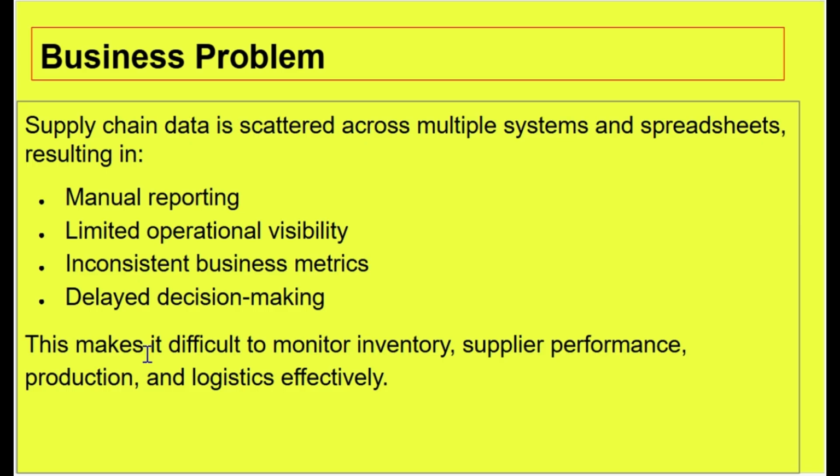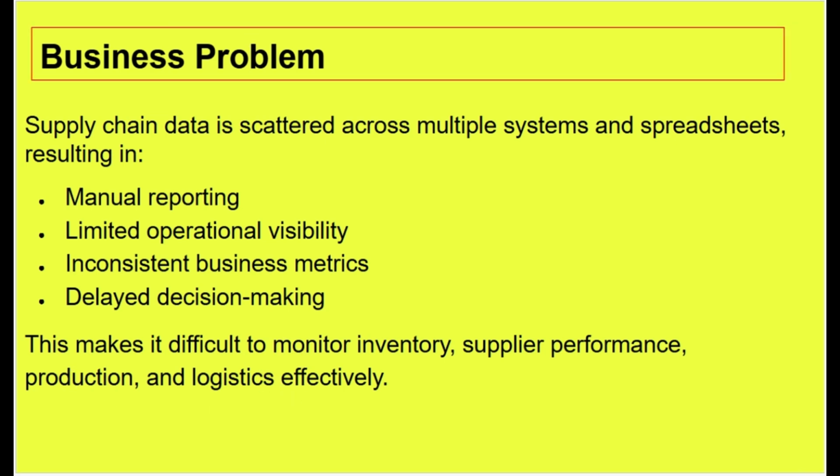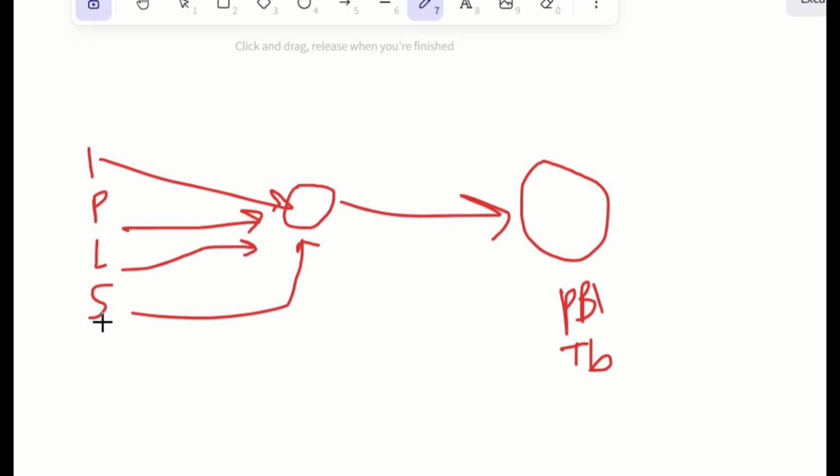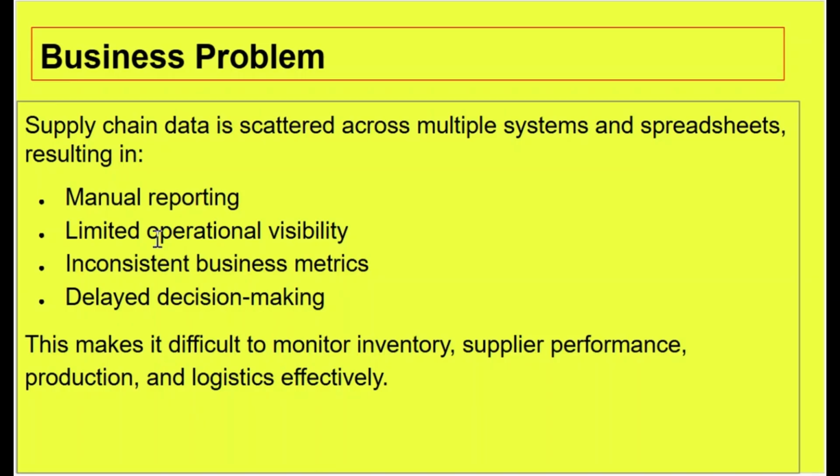Since the data is in different systems, it causes these problems, and generally it makes it difficult to monitor inventory, supplier performance, production, and logistics efficiently.